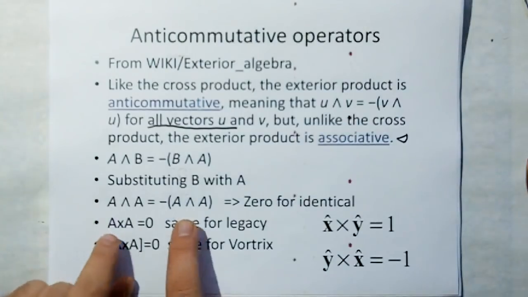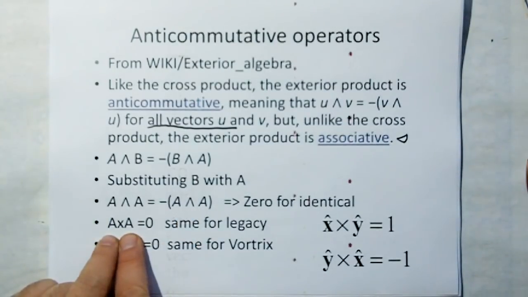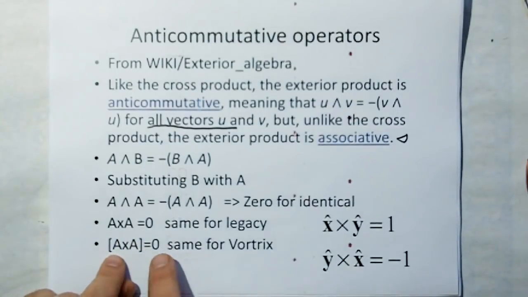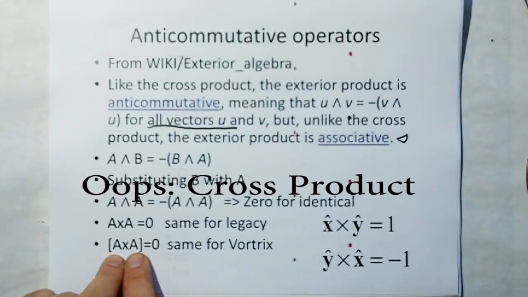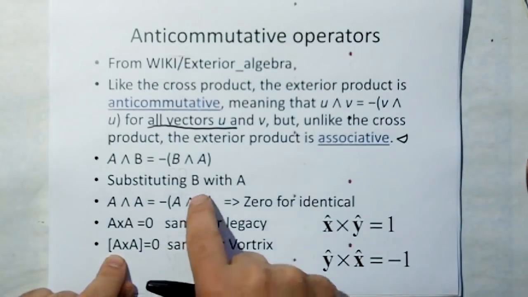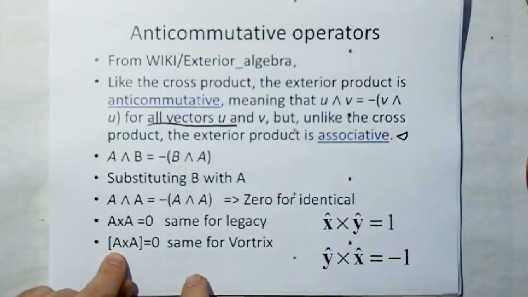And that is also true for legacy algebra. The cross product of parallel vectors or like vectors is 0. And that's the same for Vortrix algebra. The Vortrix dot product for like vectors comes out to 0. So this is consistent between all three algebras.